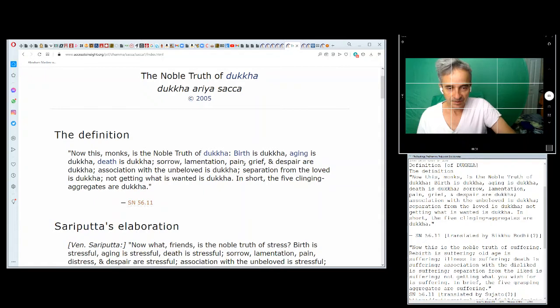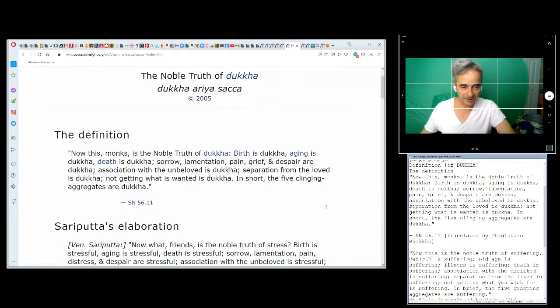I'm familiar with Bhikkhu Bodhi. Let's see if I can look up who that is. Tanisaru Bhikkhu. Oh, he is an American Buddhist monk.